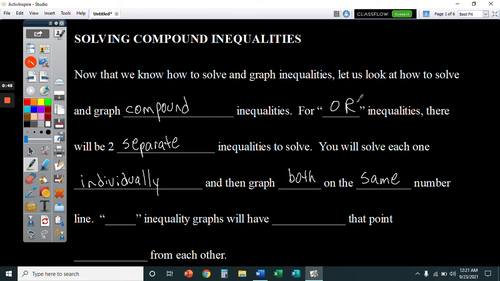For OR inequalities, there's two separate inequalities to solve. Solve each one individually, graph them both on the same number line. And these OR inequality graphs will have arrows that point away from each other. All right. So let's look at an example.